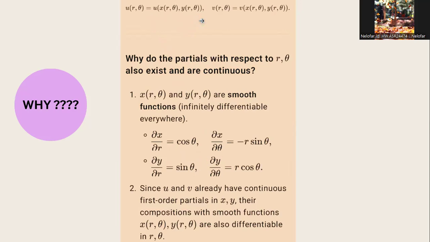The composition of two smooth functions is also a smooth function. So by this we can see that u and v with coordinates r and theta also have continuous first order partial derivatives, because of the smoothness of their components u and x.